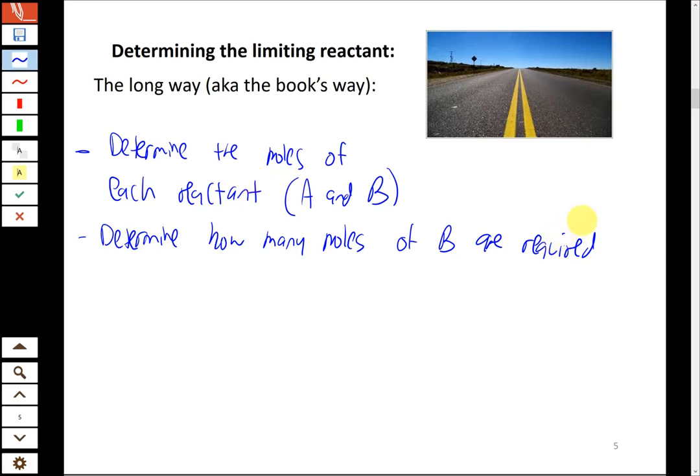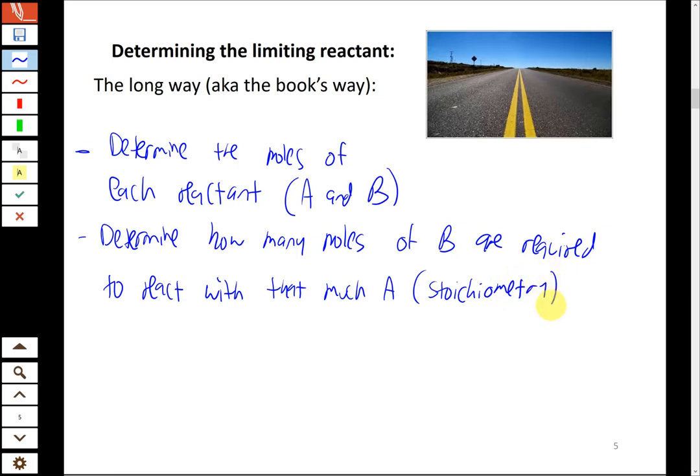If I know how many moles of A I have, how many moles of B are required to react with A? And for that, you use the stoichiometric ratio. So you do basically the stoichiometry problem. You just randomly choose one of your reactants and figure out how much of the other one is required.